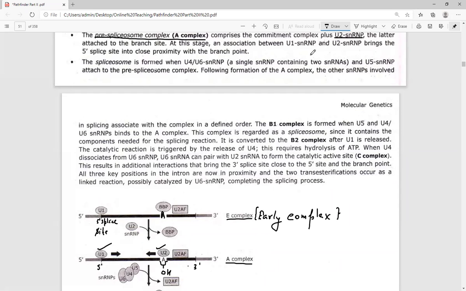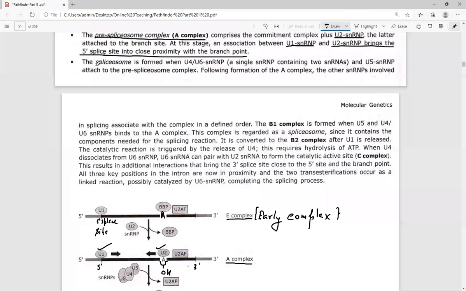At this stage, an association between the U1 snRNP and U2 snRNP brings the 5' splice site in close proximity with the branch point. Okay, so there is the U1 snRNP and the U2 snRNP, and they are made to move towards each other, and brought in close proximity to each other.